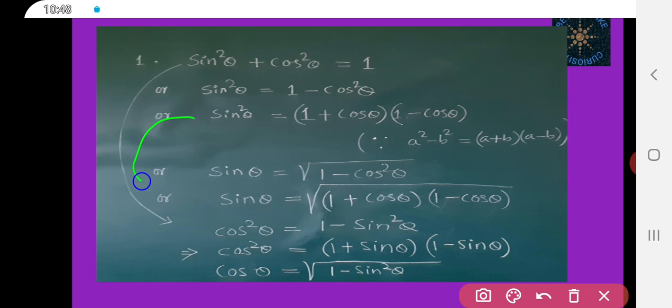Also you can write sin theta equal to the square root of 1 plus cos theta into 1 minus cos theta.